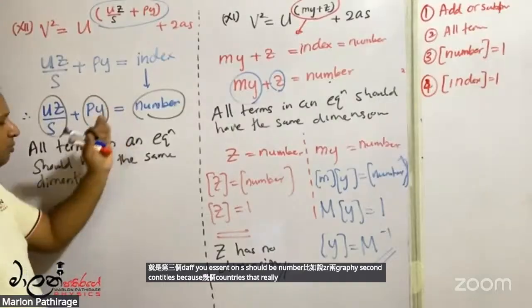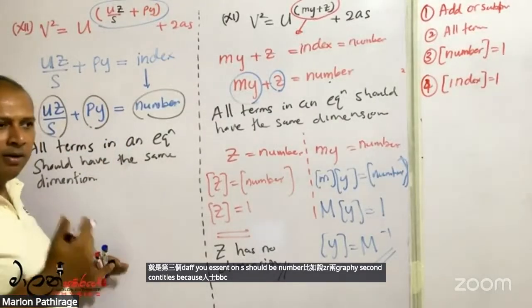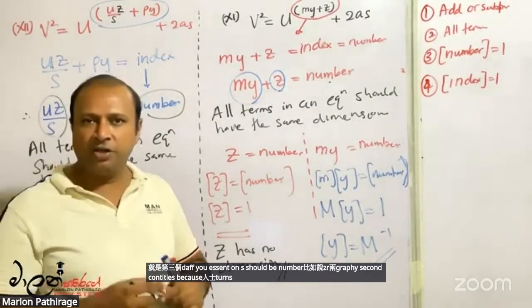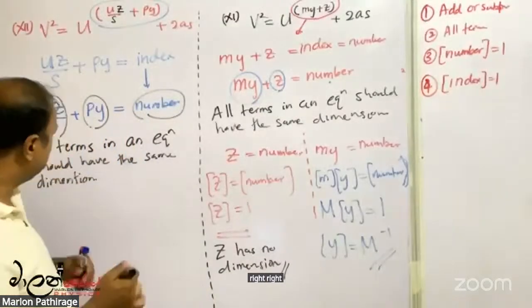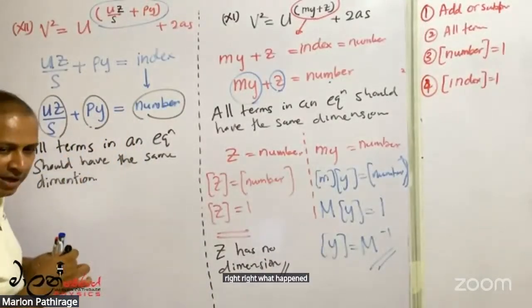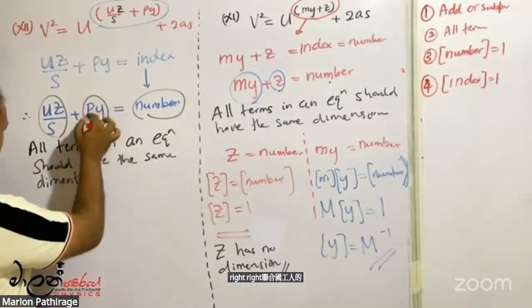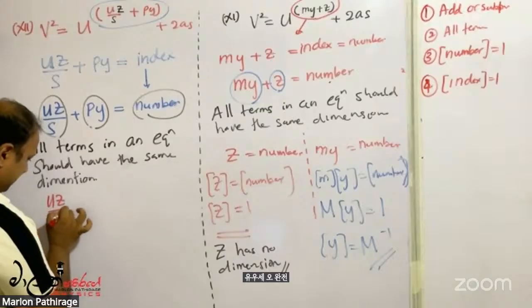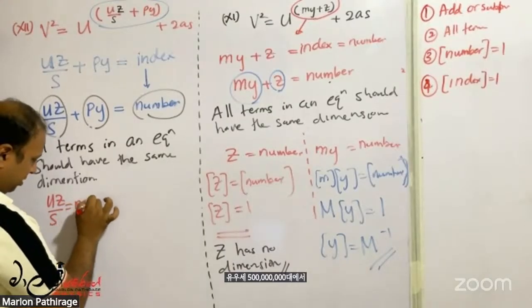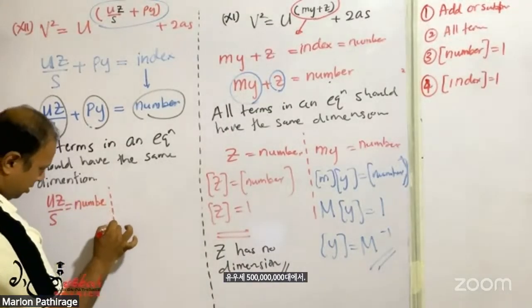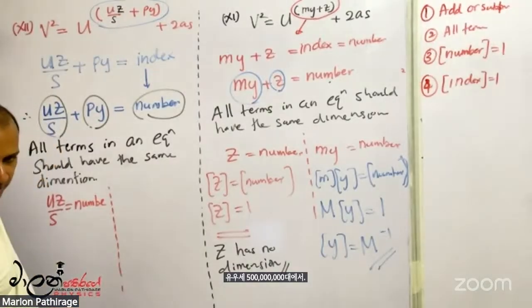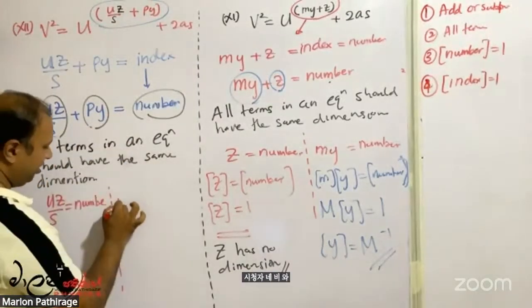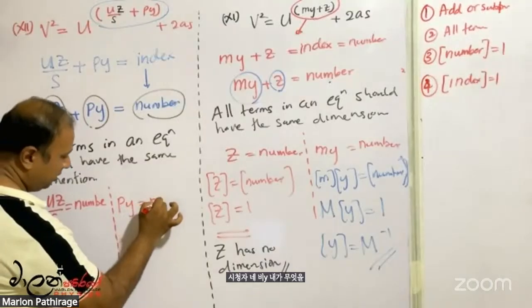All the terms in an equation should have the same dimension. Therefore, according to that argument, U z over S is a number. Then Py, that is also a number.